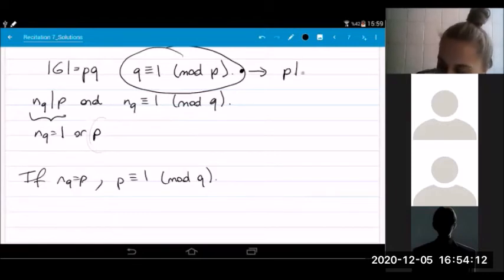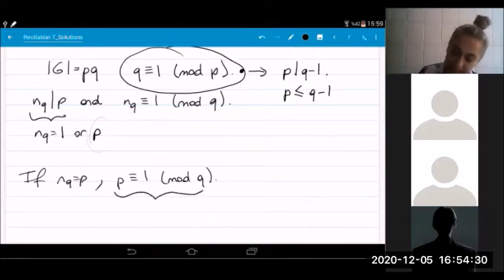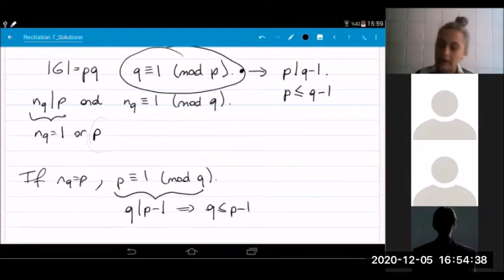Then this means that Q is less than or equal to P minus 1. And also, P divides Q minus 1, so P is less than or equal to Q minus 1.